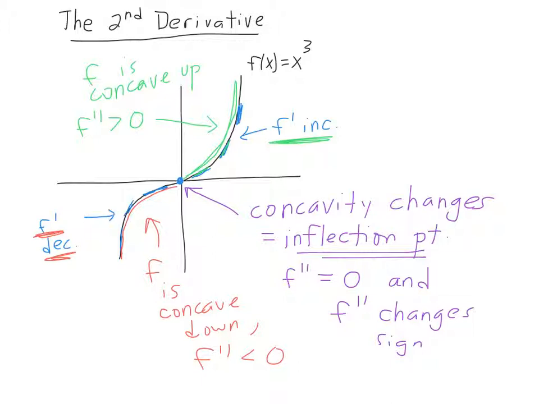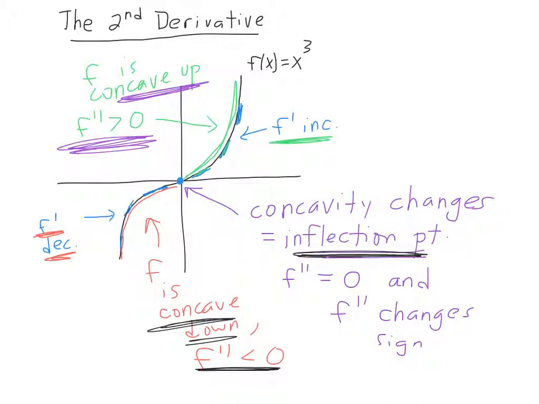So the big takeaway here is if our second derivative is a positive number, our original function f is going to be concave up. And if our second derivative is a negative number, our original function is going to be concave down. We have an inflection point where the concavity changes, all right?